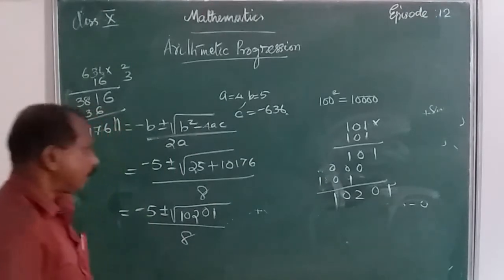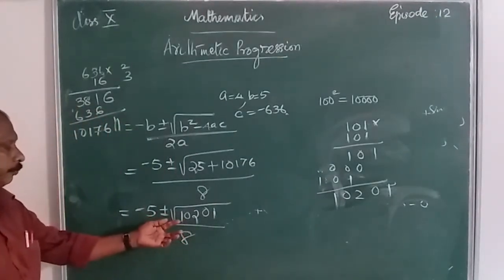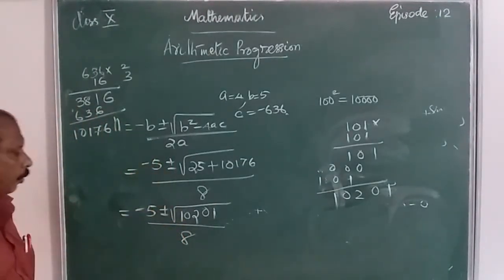Okay. Therefore, the square root of 10,201 is 101.